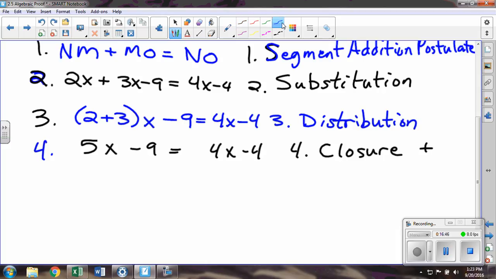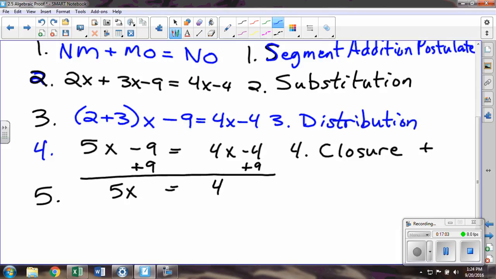So now what? What would you do to both sides of the equation next? Right? One thing we can do is add 9. After you add 9, you have 5x equals 4x plus 5.